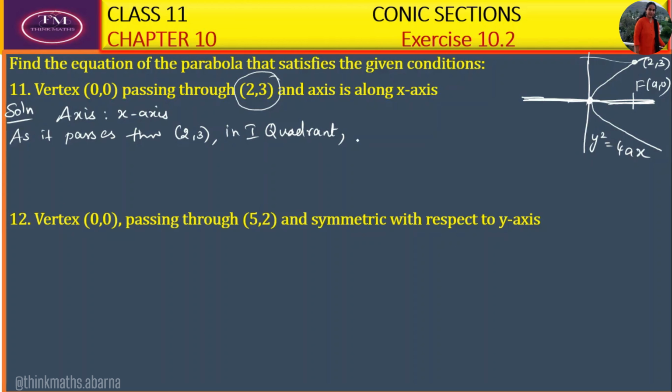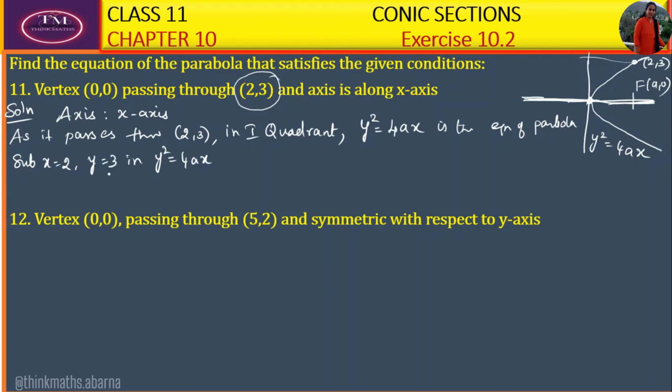Then you have the equation y square equal to 4ax is the equation of parabola. Okay. Now, as it passes through 2 comma 3, we can substitute x is equal to 2 and y is equal to 3 in y square equal to 4ax.